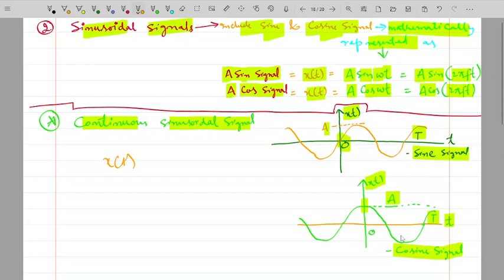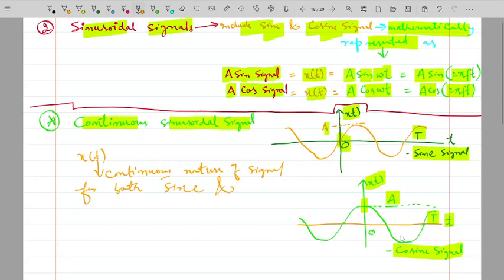In the continuous case the signal is represented as x of t, where t represents the continuous nature of the signal, for both sine and cosine signals.